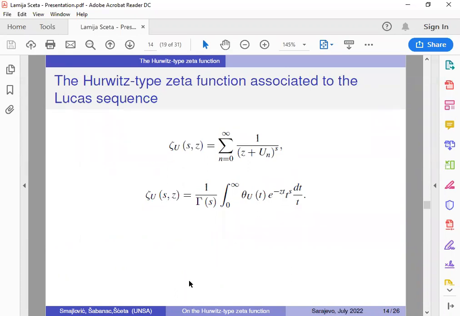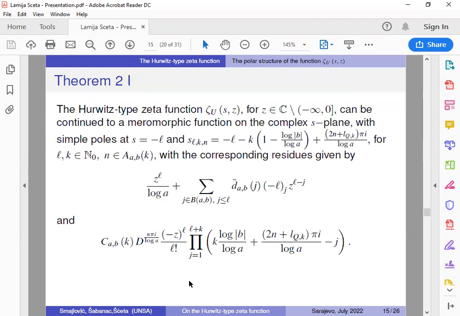It will actually be our starting point in the proof of this theorem, which gives us the meromorphic continuation of the Hurwitz-type zeta function, and we identified the poles.